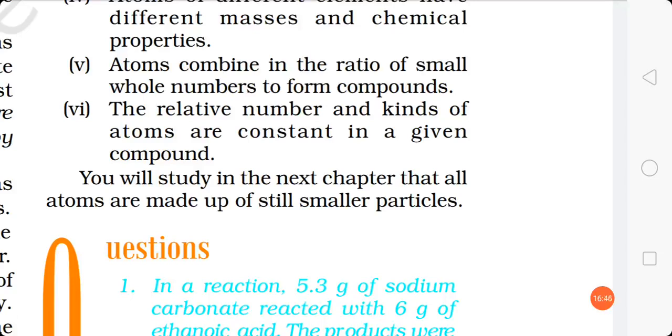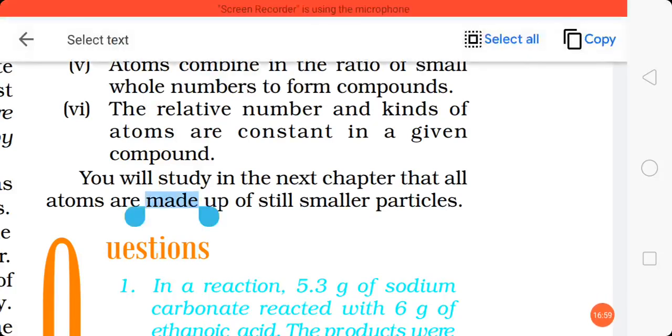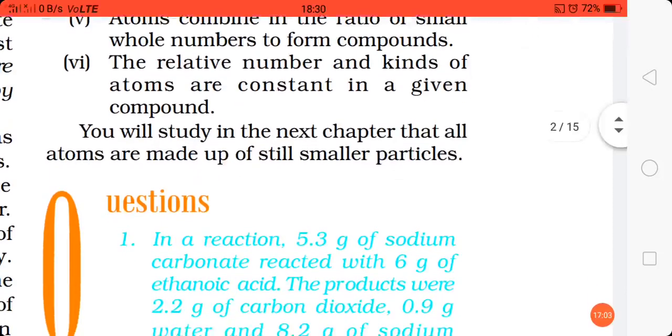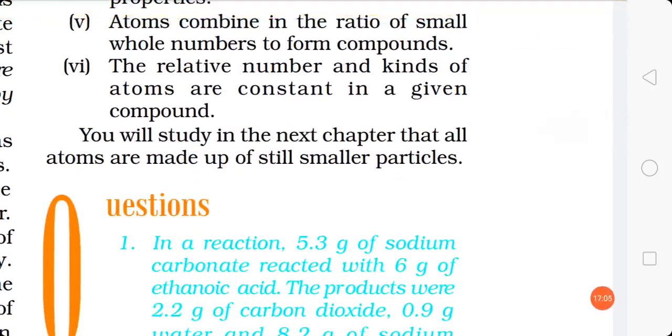Next point says that the relative numbers and kinds of atoms are constant in a given compound. Relative number and kind of atoms, they would be constant in a given compound. We take any compound. Let us say hydrogen peroxide. So its chemical formula is H2O2. 2 hydrogen, 2 oxygen. Okay. So relative numbers.